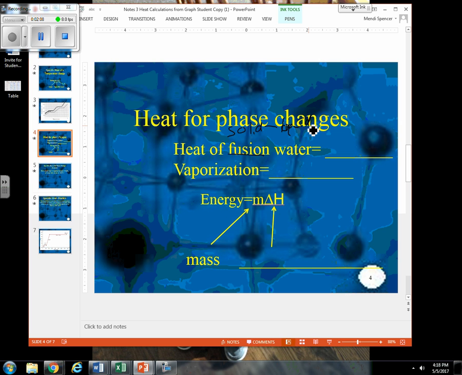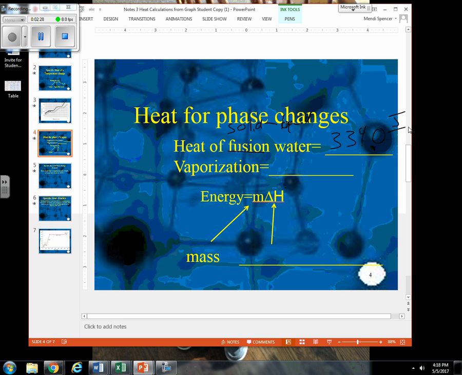Essentially what is going on here is that we have ice melting, so solid turning into liquid water. The value you need to know is 334.0 joules per gram of water that you have in your sample.